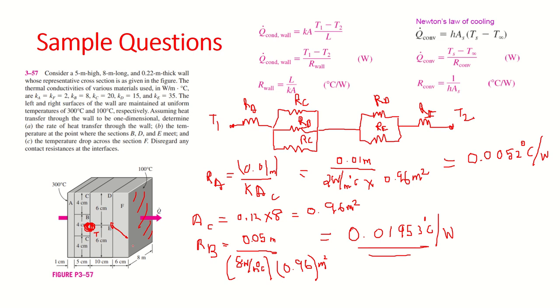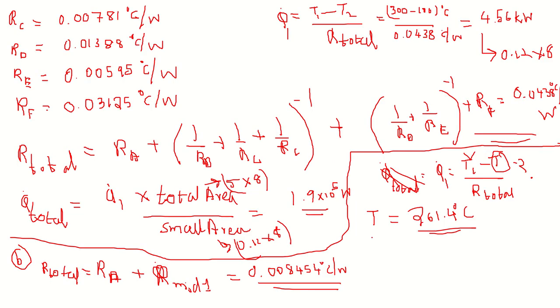So again I repeat, we can do it in two ways. We know that for the F part, Q dot is equal to delta T over RF. Q dot is known and RF is known.